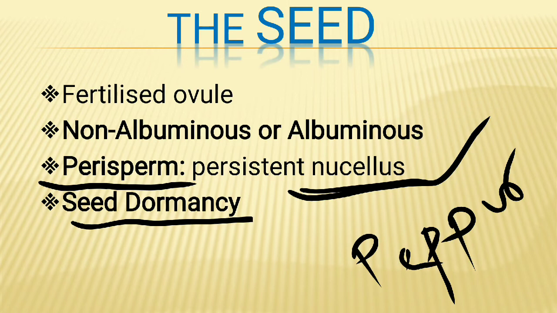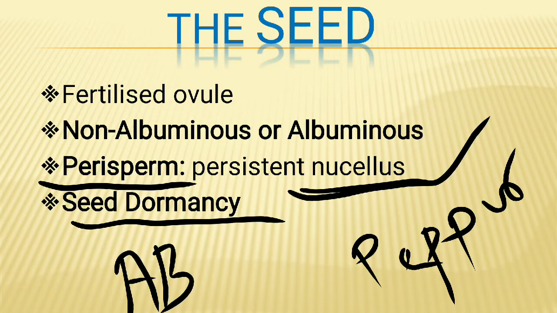And seed dormancy, already we know, the seed will be kept in a pause stage, a dormant stage, by two phenomena. It may be the outer environmental condition or the internal growth regulators, meaning plant hormones, can also lead to seed dormancy. That is our ABA, abscisic acid.